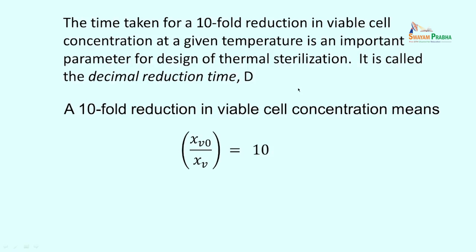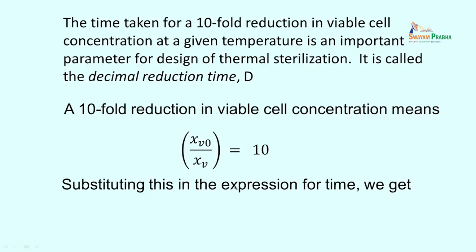In terms of whatever we have derived, a 10-fold reduction in viable cell concentration essentially means that the initial viable cell concentration X_v0 divided by the viable cell concentration at that time t, X_v, must be 10, straightforward.